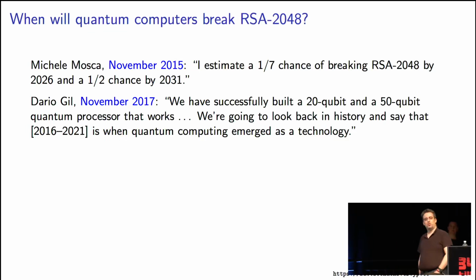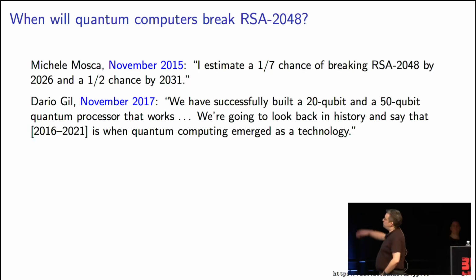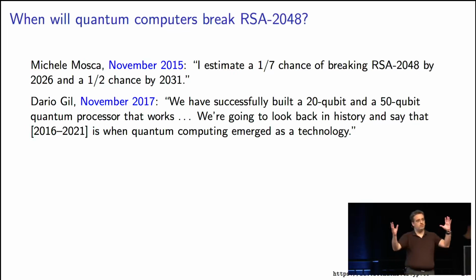This is IBM's quantum computer, dare I say, weaponization division. This is their commercial quantum computer division. They're actually working on building a useful quantum computer that they can sell. And he says we're going to look back in history and say that the 5-year period starting last year is the real start of quantum technology, not just research as a scientific field. And he was advertising their 50-qubit quantum processor.